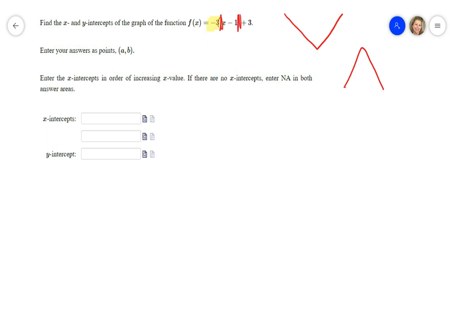Now, when you have a graph, there are 3 ways this V can be plotted on the xy axis. You can have it where it goes something like this, where it has 2 x-intercepts and 1 y-intercept.